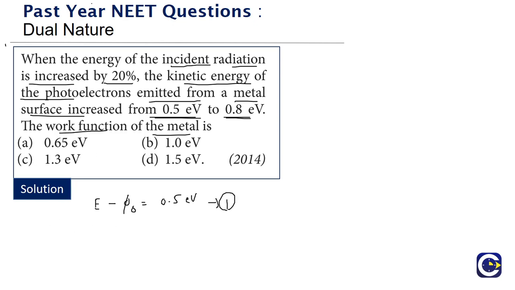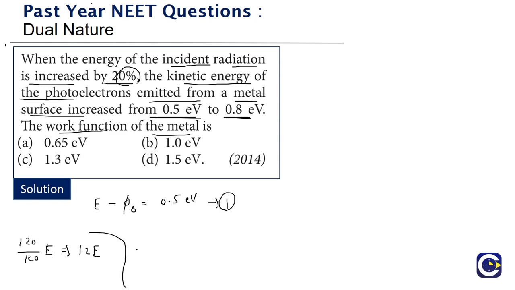In the second case, the incident radiation energy is increasing by 20%, which means 120 by 100 into E, that is 1.2 times E.